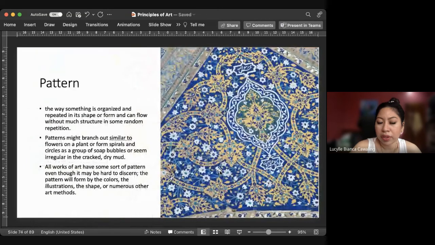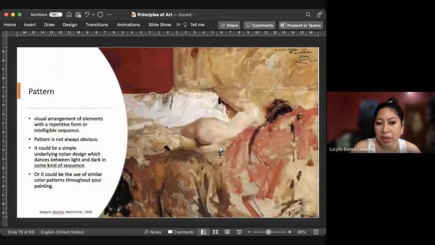And another one is this one. If you could see the color and the brush strokes give out a sense of pattern. So it's not always the shapes, but the brush strokes could also give out a sense of pattern.